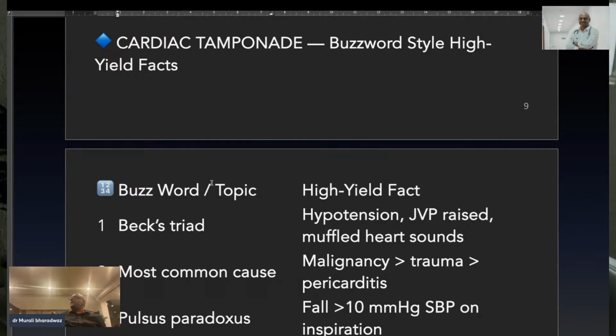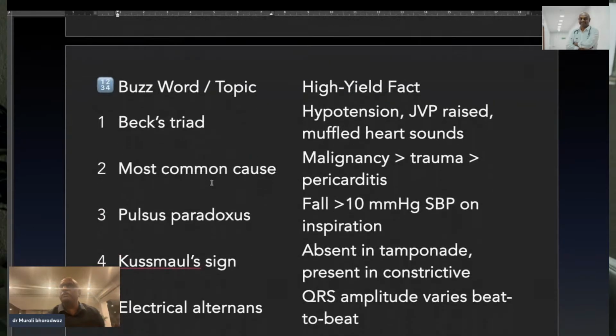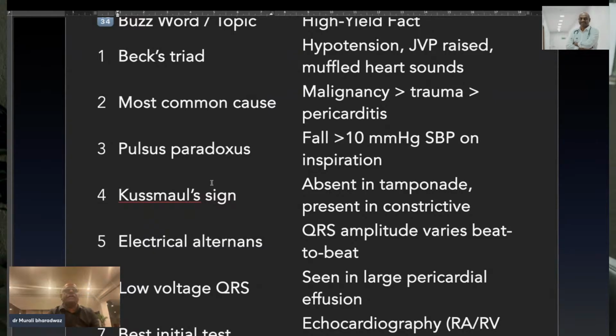Malignancy, lymphomas, etc. They metastasize to the pericardium, leading to rapidly developing pericardial effusion and then tamponade. After malignancy, trauma and infective pericarditis, like Coxsackie virus pericarditis, etc.